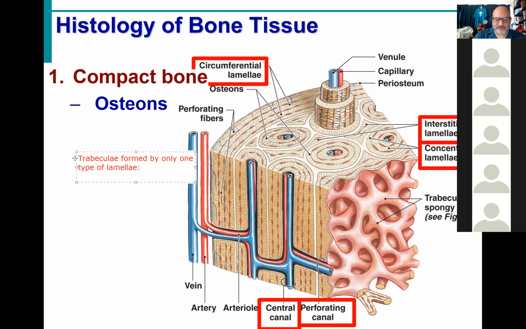Interstitial. Perfect. Trabeculae are only formed by interstitial lamellae. Irregular shaped layers of matrix make irregular shaped trabeculae. So absolutely perfect question. And that's exactly, like I said, where we're going to go next. But I love that you asked it.